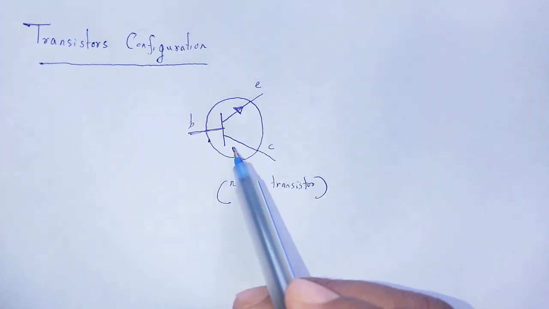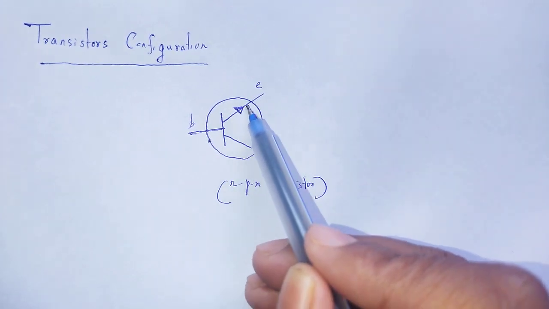This is base, that one is collector, that one is emitter.